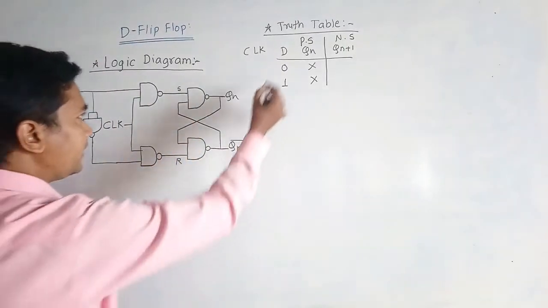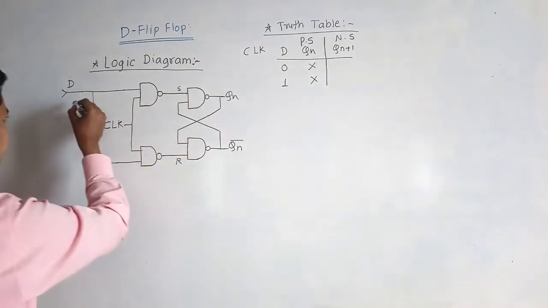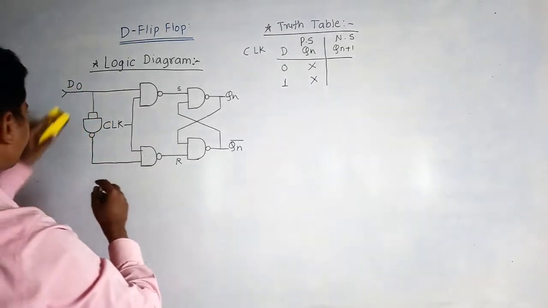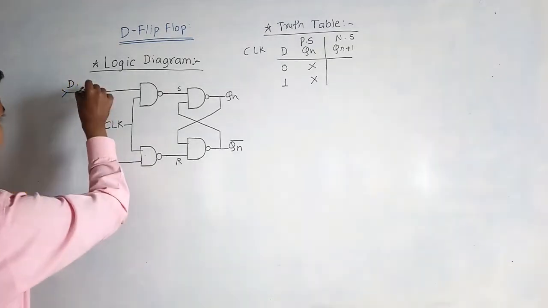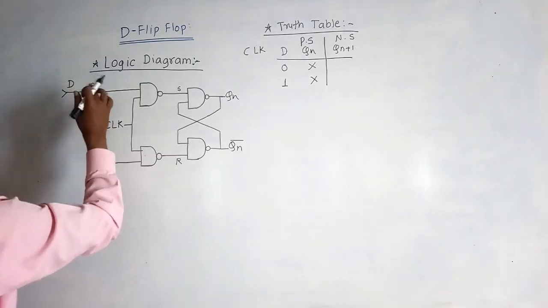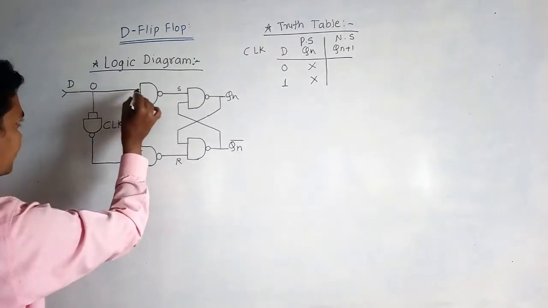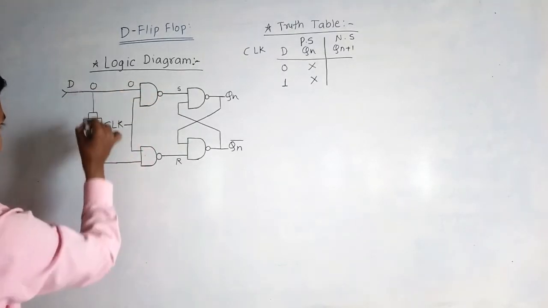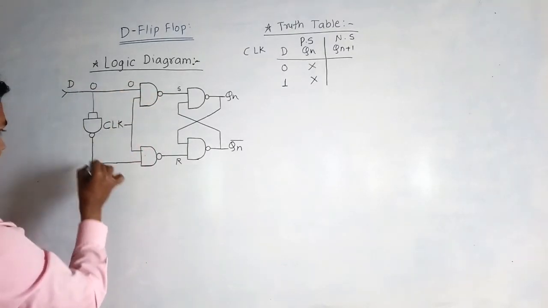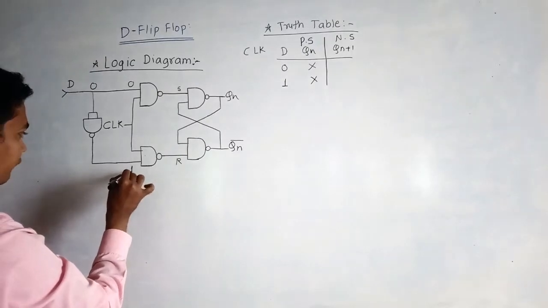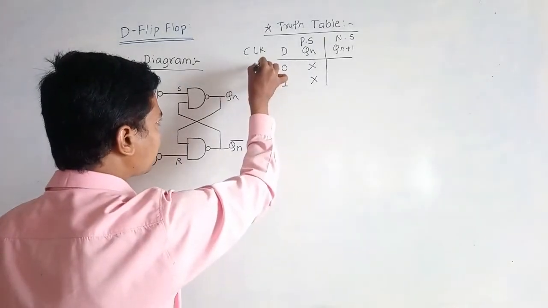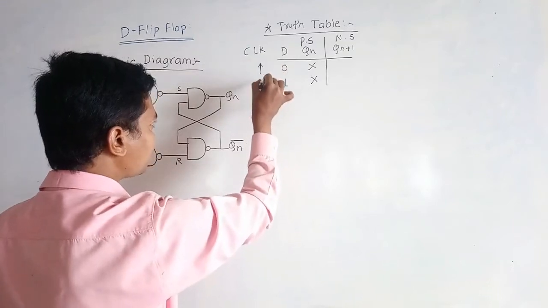Now consider D equal to 0. If I make D equal to 0, what will happen? I will write here 0. This 0 is provided to the first input of this NAND gate, so it will be complemented at the output of this NAND gate and become 1. Consider the rising edge of clock, which means logic 1.